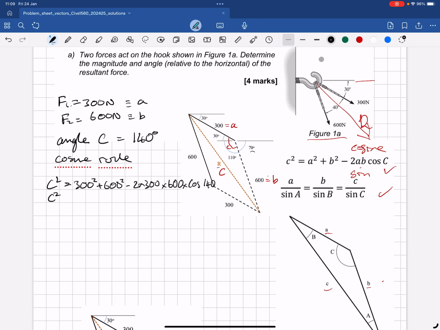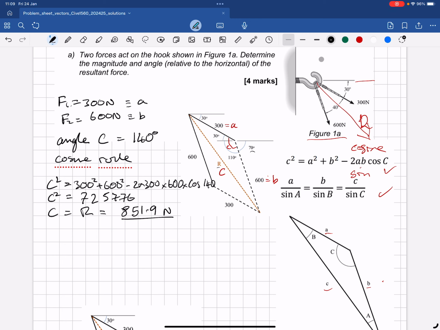C squared comes out to be 725,776. You may not ever see this if you do it on the calculator. So C equals R is equal to 851.9 newtons. So there's our solution.